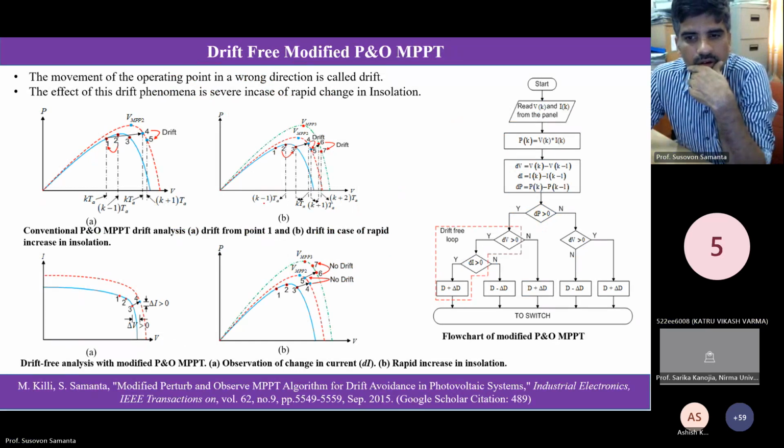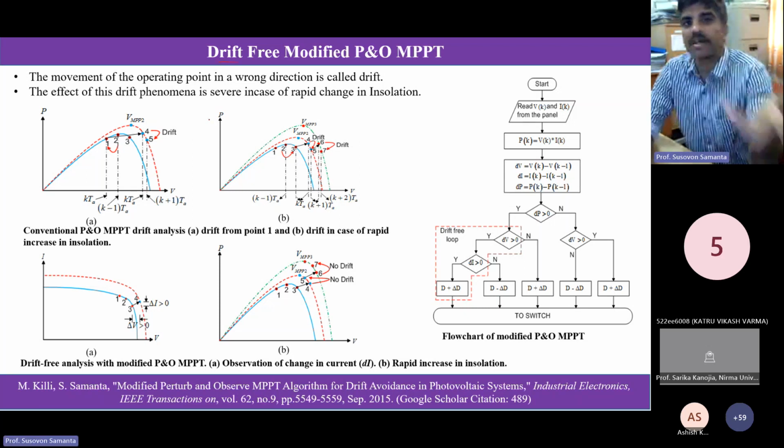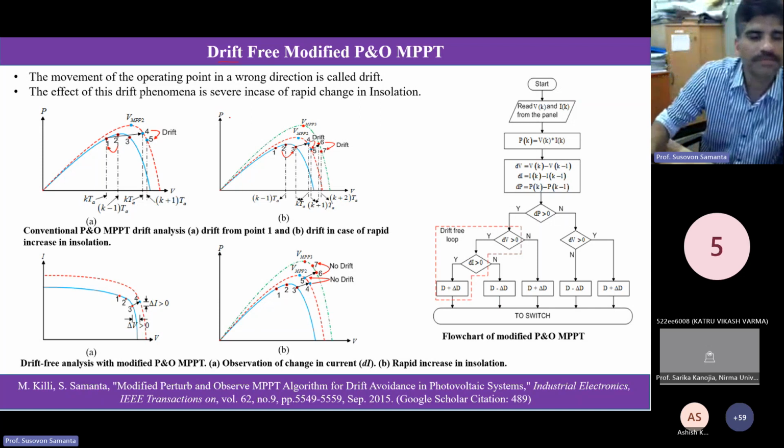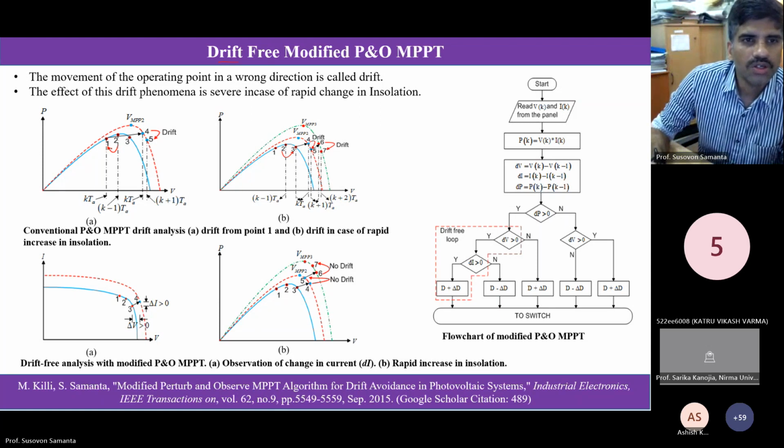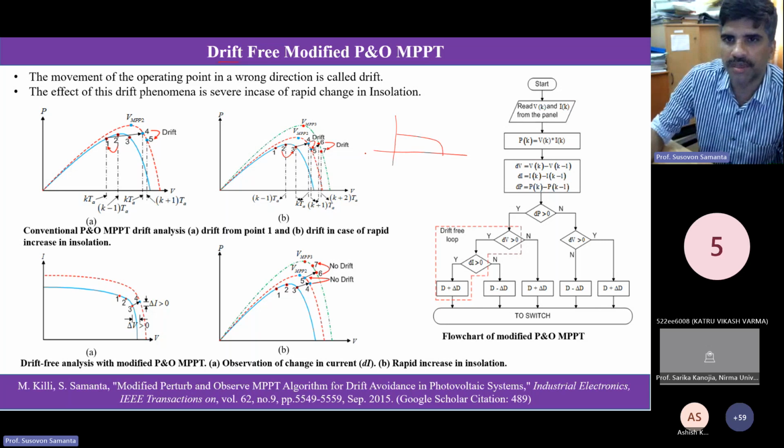Now, one of the important problems with this P&O algorithm is basically the drift. So let us understand what is drift. As we have already seen, this is your IV characteristics for one irradiation level.